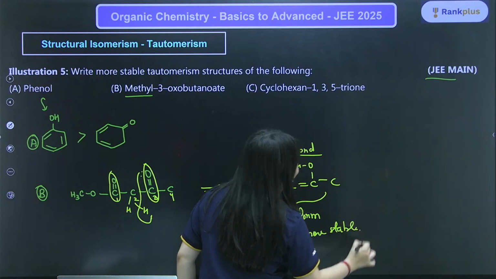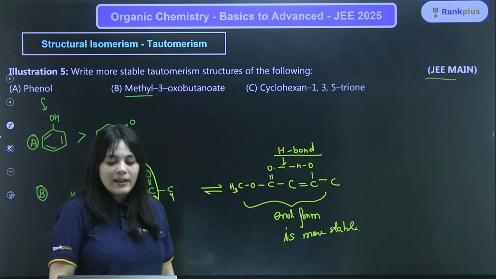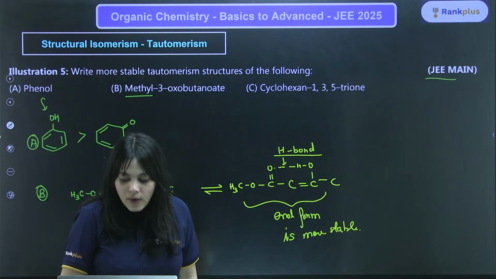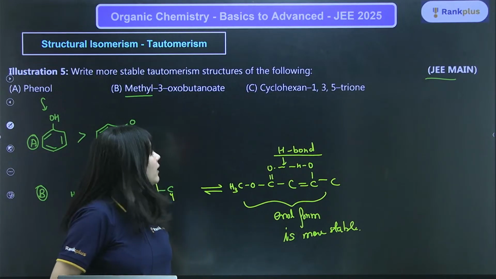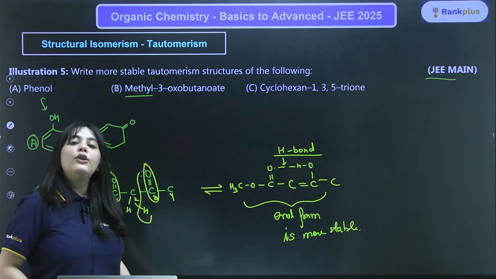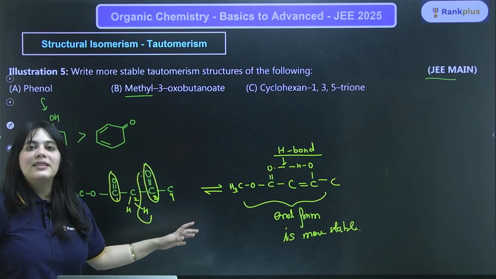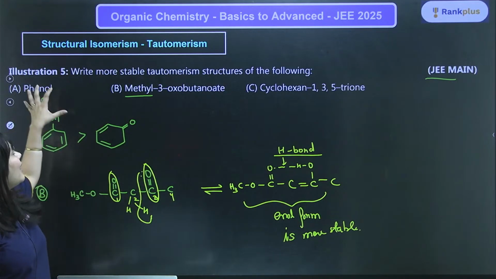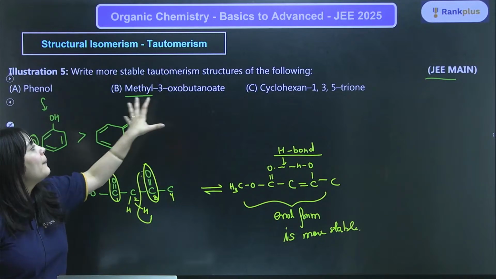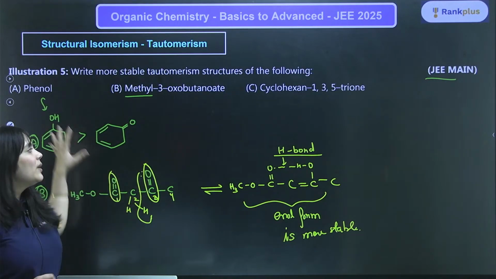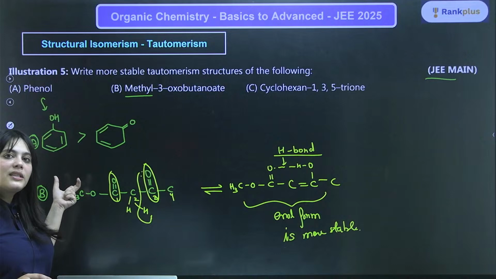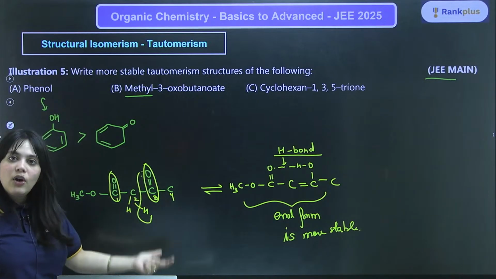Why? Because the hydrogen bond is forming. That's what I taught you, right? Whenever hydrogen bonding is forming, the enol form is more stable. Beta, here you do not have to compare between these three. You have to tell me what will happen in the first example, the second, and the third. So in the first, once again, the enol form is stable. In the second also, the enol form is more stable.